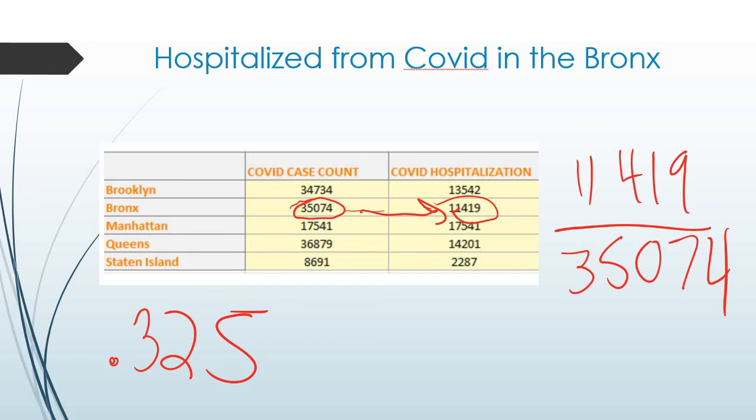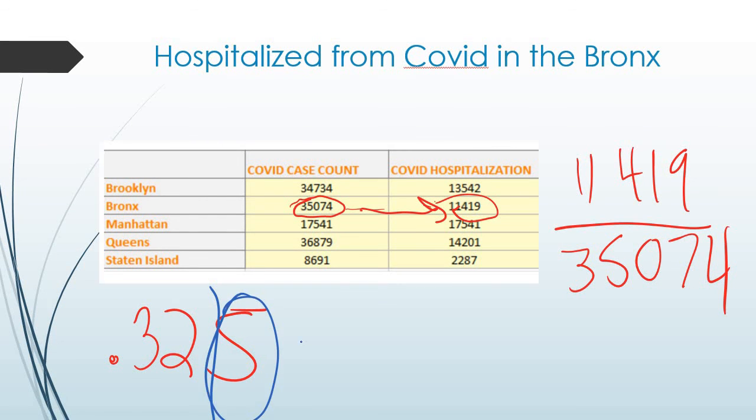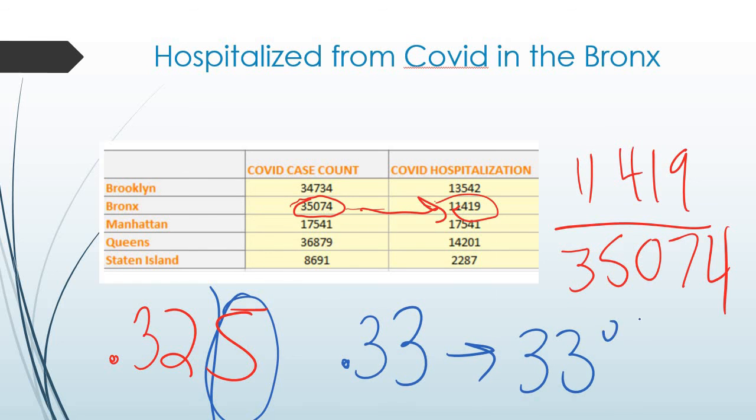So now what I'm going to do is I'm going to draw my line, circle my thousandths, and say if it's 5 or higher, I'm going to add 1 to it. And it is 5 or higher, so I am going to add 1 to my hundredths, and I get 0.33 or 33%. So out of all the COVID cases in the Bronx, 33% of those ended up going to the hospital.